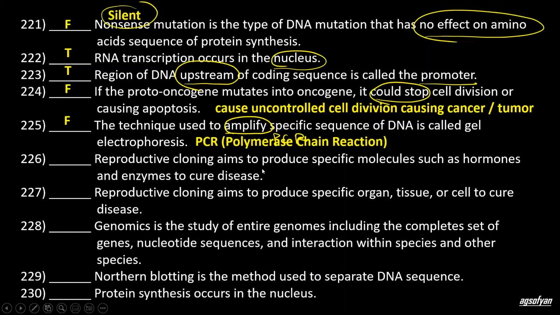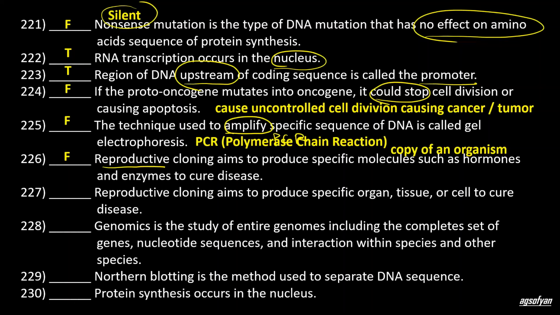Reproductive cloning aims to produce specific molecules such as hormones and enzyme to cure disease. It is not. Okay, so reproductive is the one that will produce individual clone, is cloning the individual, which is copy of an organism, cloning of an organism.